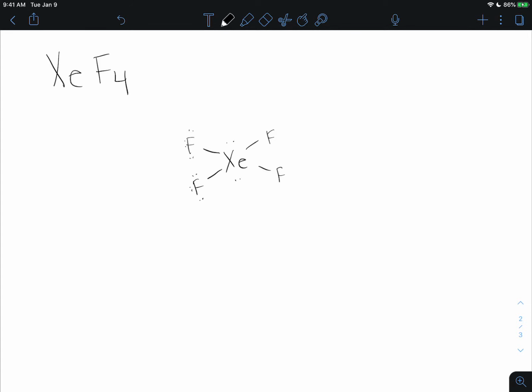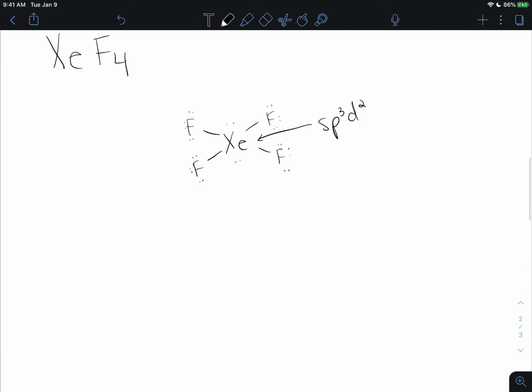We have 2 lone pairs on our xenon, and then 4 bonds to our fluorines. We have 6 electron domains, so our hybridization here is going to be sp3d2 again, to account for all of those electron-containing orbitals.